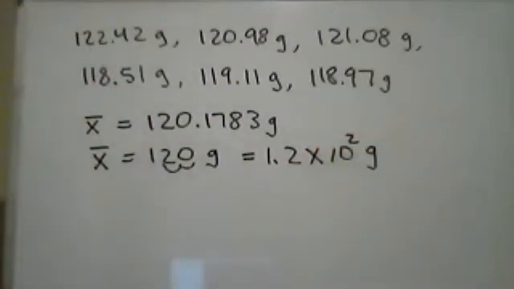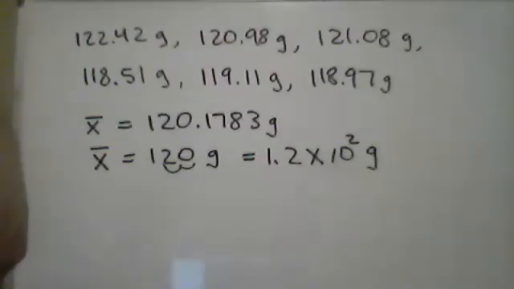Now this is where you get into a little bit of a weird situation. What if you actually wanted to express this in terms of milligrams instead? Hopefully you've all seen my chapter 1 lecture by now, but I talk a lot about unit conversions.